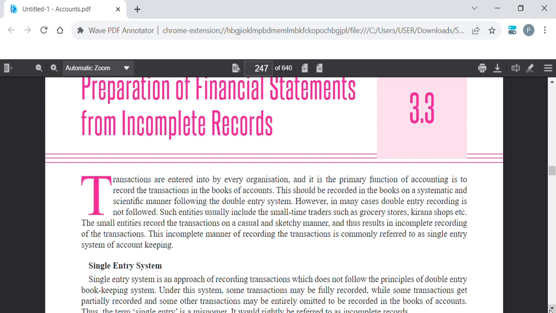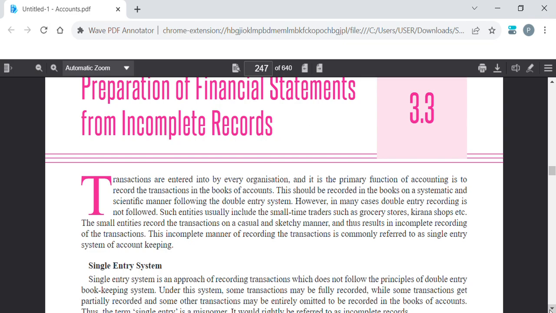So you have transactions which are entered into by every organization. What is the primary function of accounting? To record the transactions in the books of accounts, in a systematic and scientific manner following the double entry system.